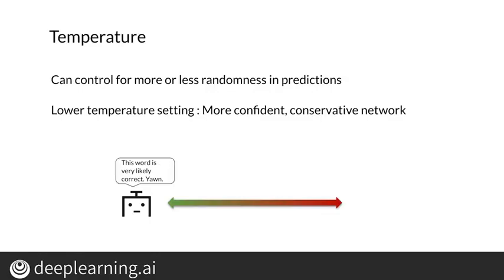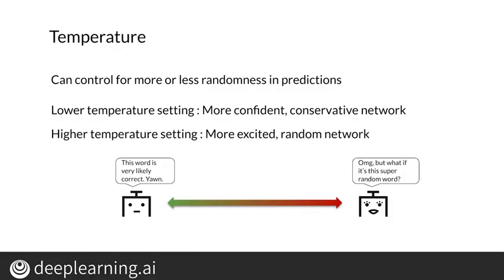Then set your parameter lower and get the prediction equivalent of a very confident but rather boring person seated next to you at a dinner table. If you feel like taking more of a gamble, set your temperature a bit higher. This has the effect of making your network more excited, and you may get some pretty fun predictions. On the other hand, there will probably be a lot more mistakes.